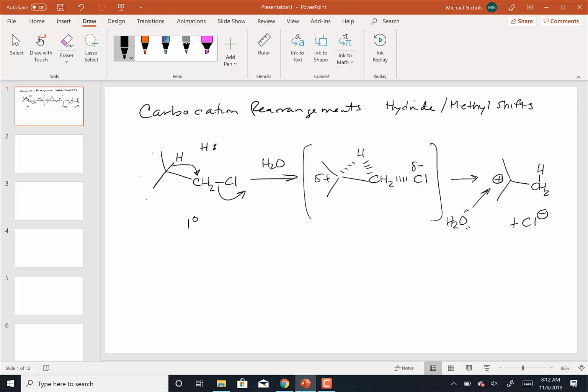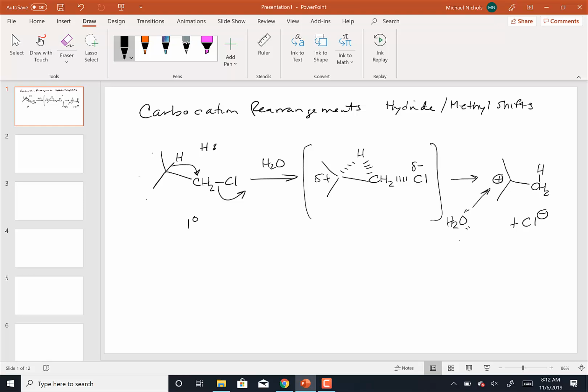So in this case, what I'm doing is I'm showing you a reaction where we're taking a primary plus a weak nucleophile. Our chart would say no reaction. But if I said write the rearranged product, now what I'm saying is this alkyl halide can rearrange to form this tertiary carbocation, and now the water would come in and add.